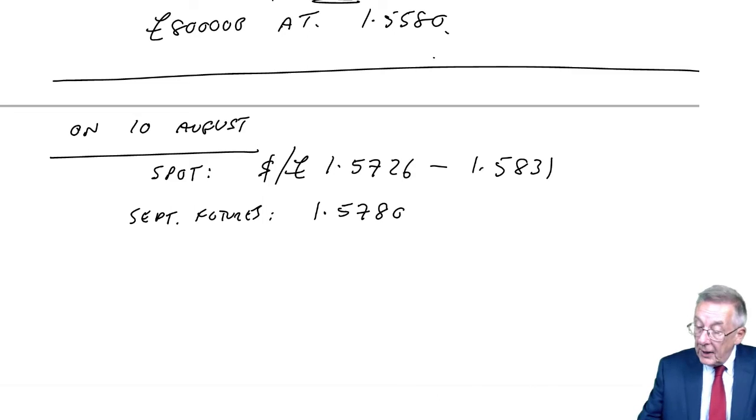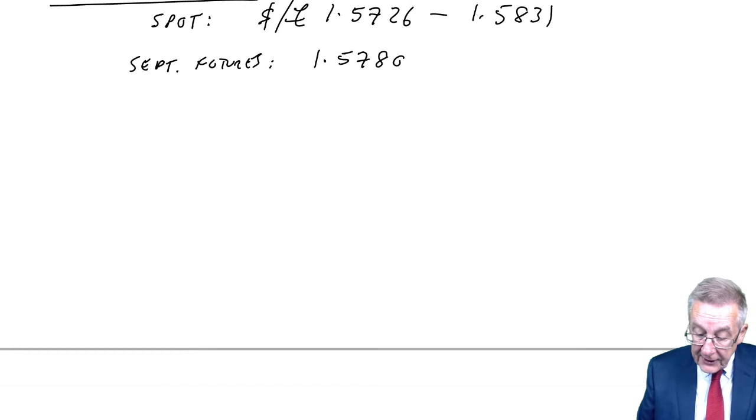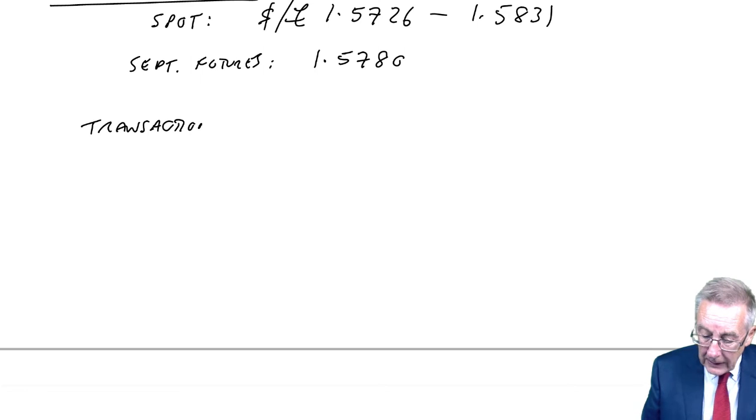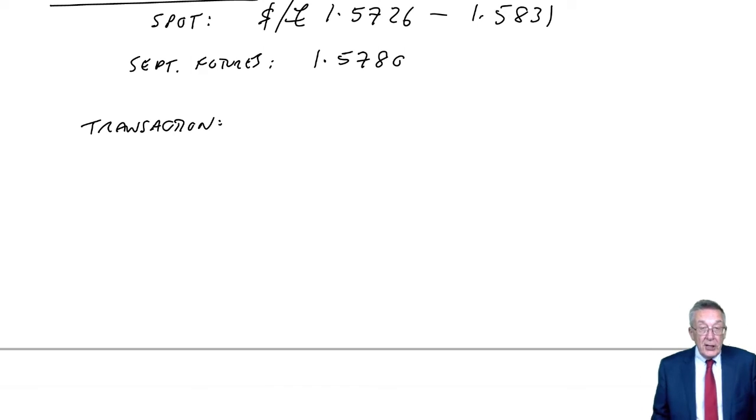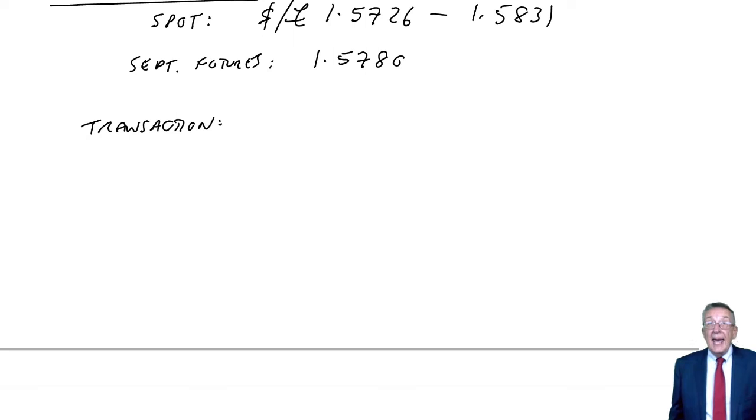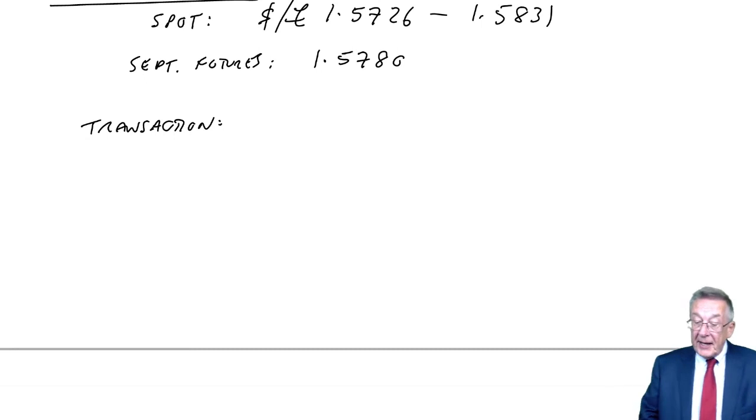And now let's look what will happen. First of all, the transaction itself. Remember, we're in the US, we want to buy £800,000 and we left it at risk. So we convert at whatever spot happens to be.